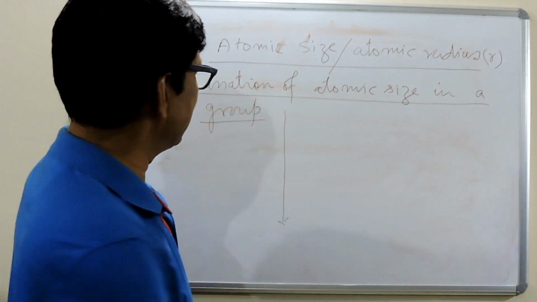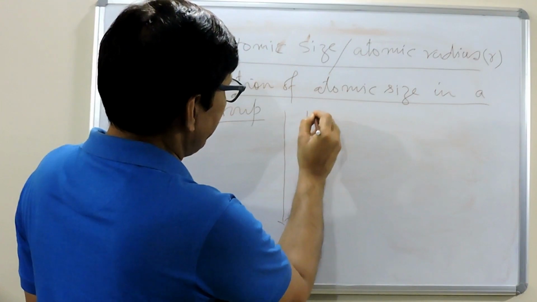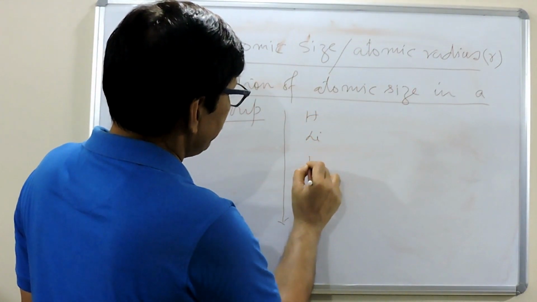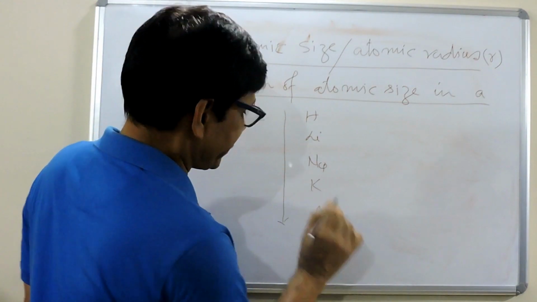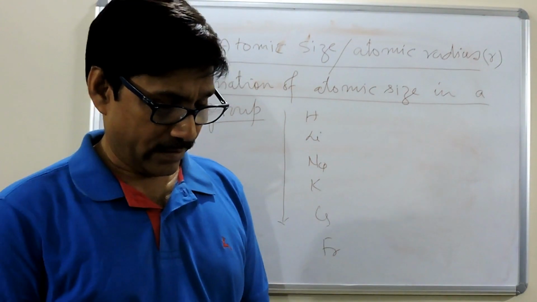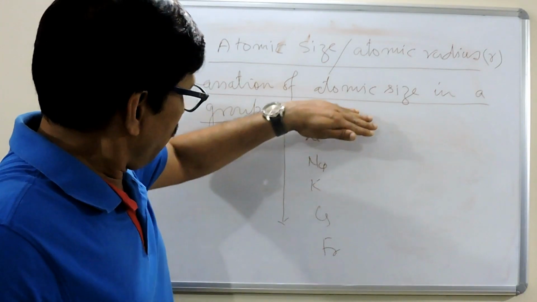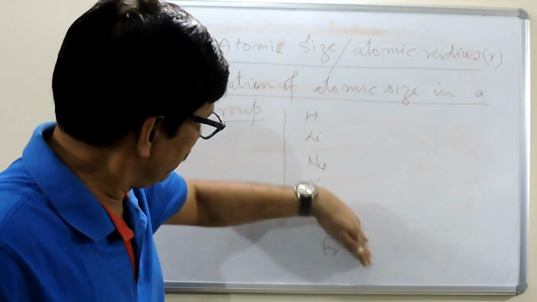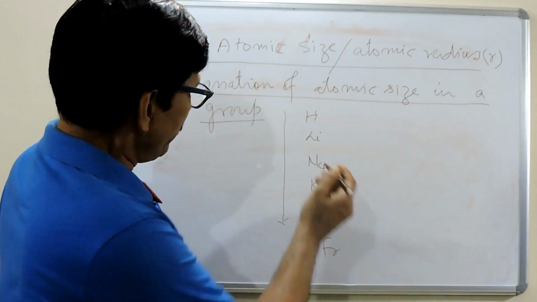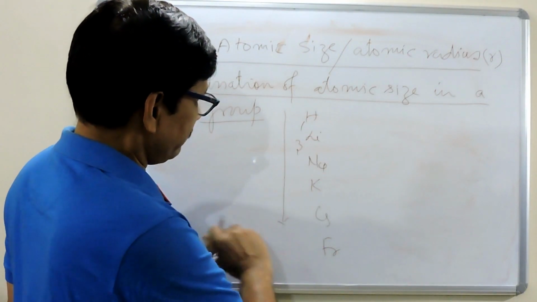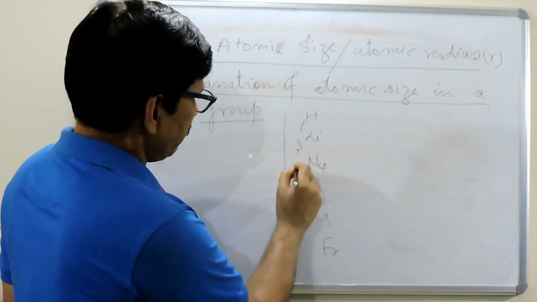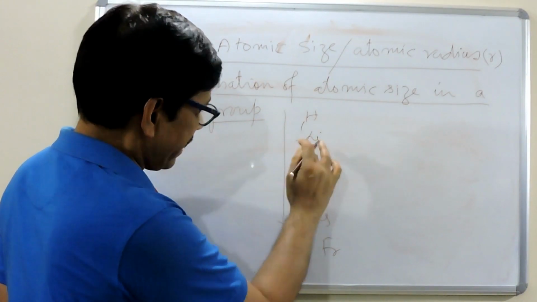Suppose we take one example of the first group only: hydrogen, lithium, sodium, potassium, cesium, francium. What happens if you move down the group? Atomic number of hydrogen is 1, lithium 3, sodium 11, potassium 19 and so on.